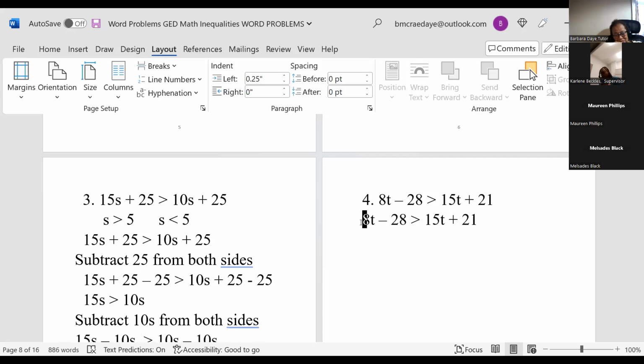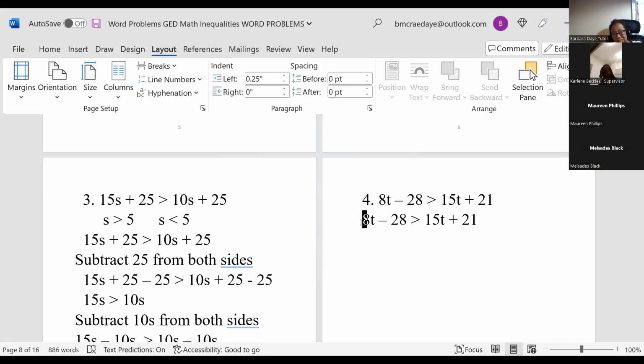I put on the left 8t plus 15t. Wait a minute, Mercedes. Why would you put a plus? It's already a plus. You'll still end up with t's on both sides. 8t plus 15t, you still have t's on both sides.